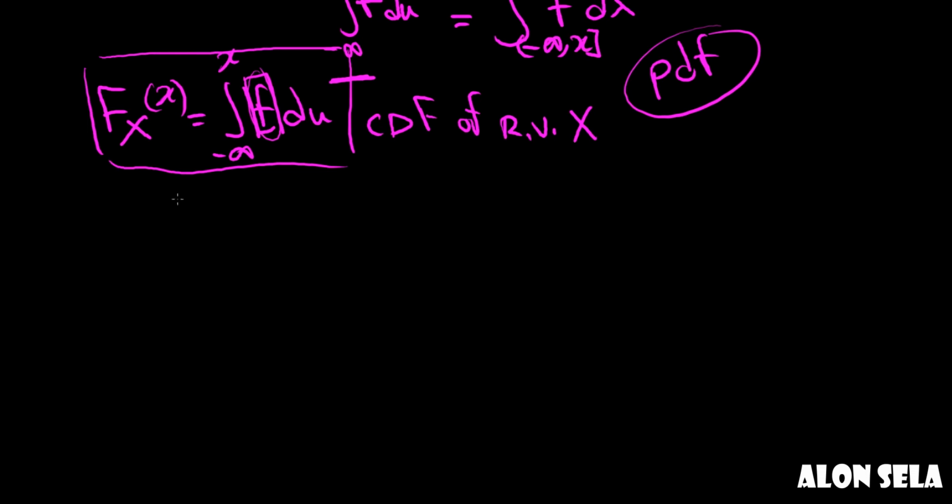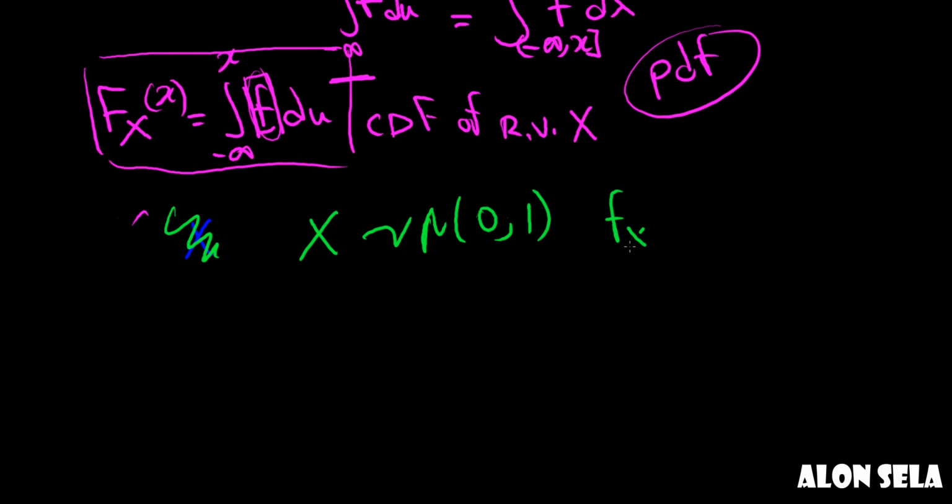So for example, if we're talking about a standard normal random variable, so let's suppose, for example, that X is a random variable which is a standard normal, which means mean 0 and standard deviation of 1, and the PDF is given by 1 over the square root of 2 pi e to the minus 1/2 x squared.